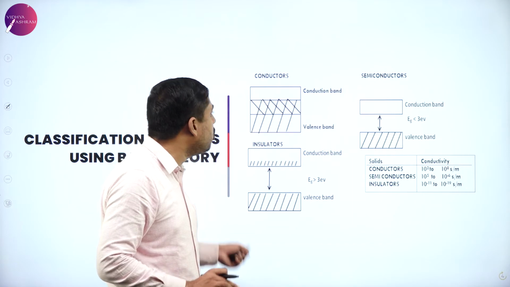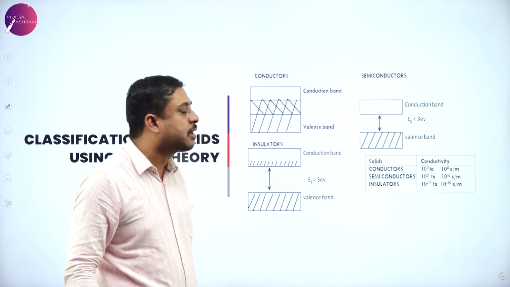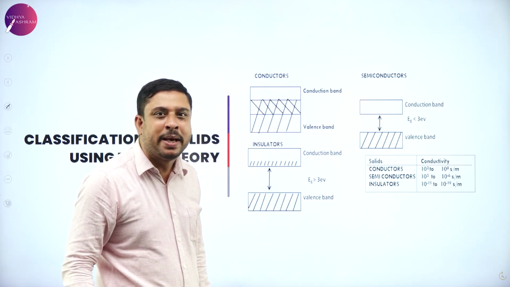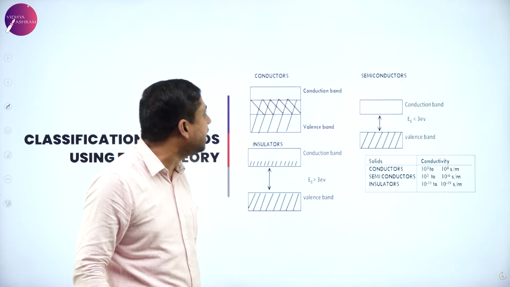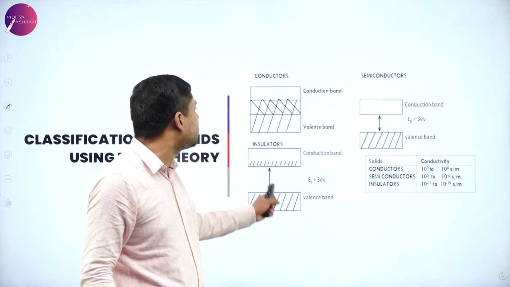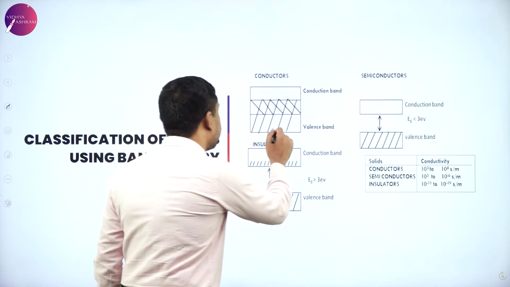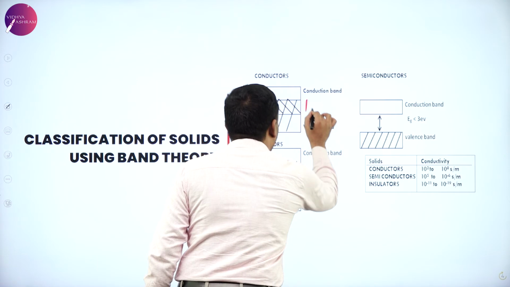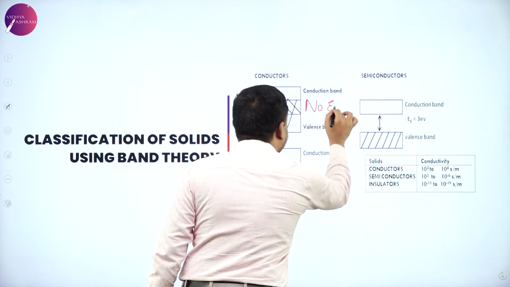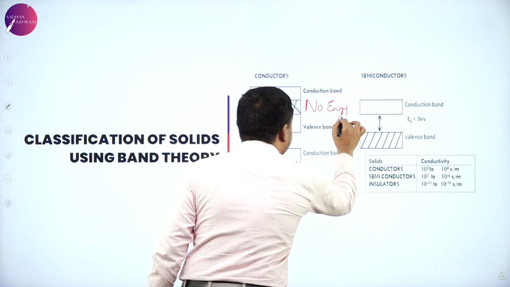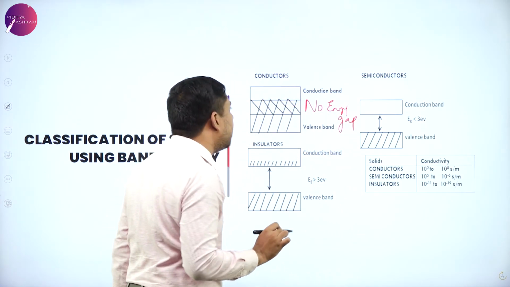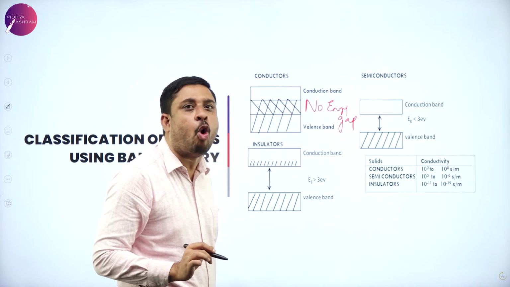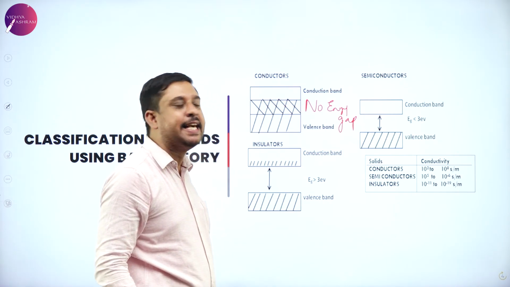And this is how you can see a clear-cut picture showing the nature of conductors, semiconductors and insulators. Conductors, no energy gap. You can clearly see that the conduction band and the valence band are overlapping, crossing each other.